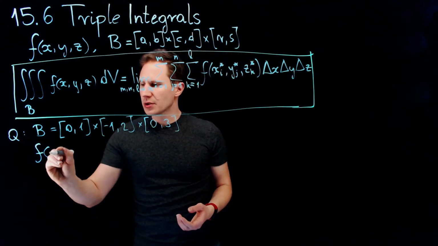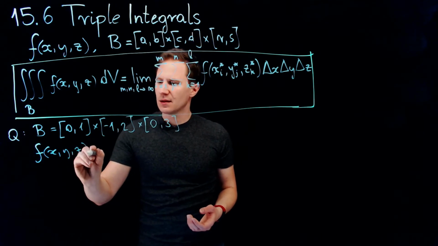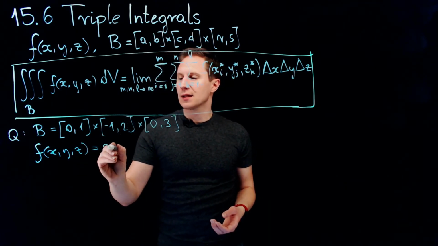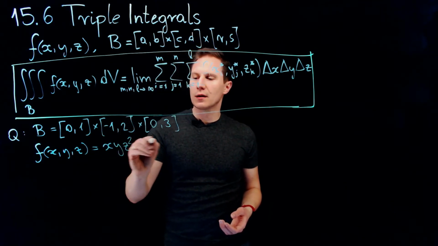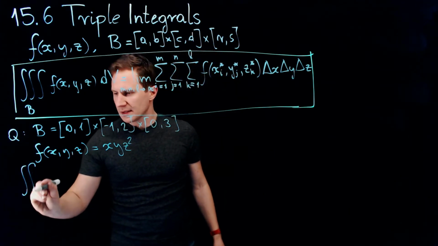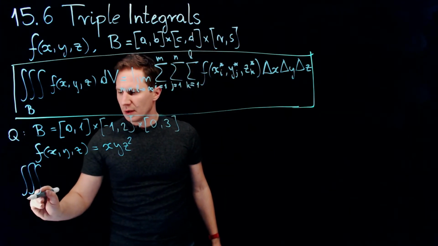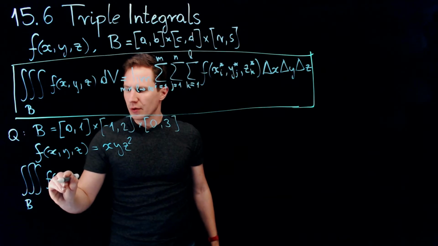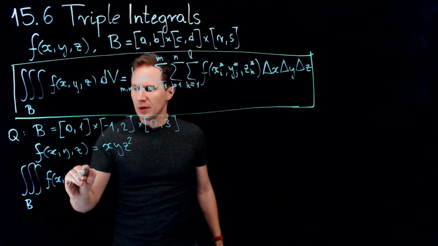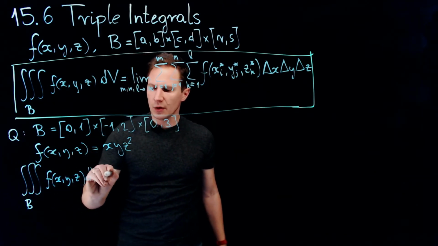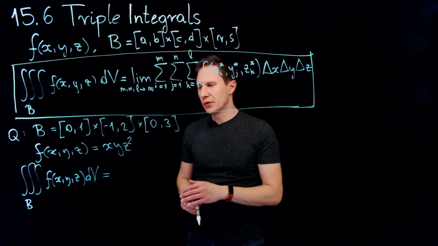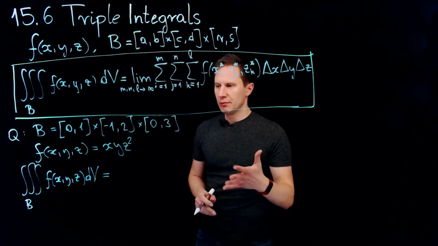And let our function of x, y, and z be x times y times z squared. And I'm asking for the triple integral of this function over the domain B. Pause the video and compute this integral below.